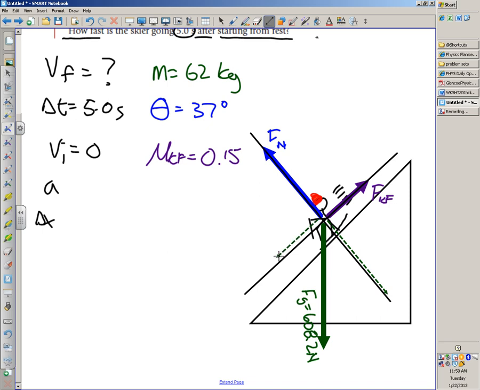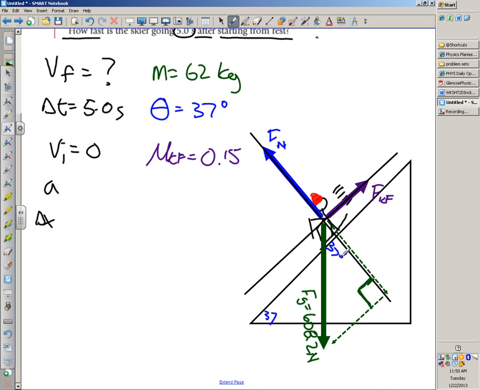One component points this way, parallel to the incline. Because one is on the x-axis and one is on the y-axis, they have to be perpendicular. Then 37 here means 37 here. All good? Everyone understand where I got that from?